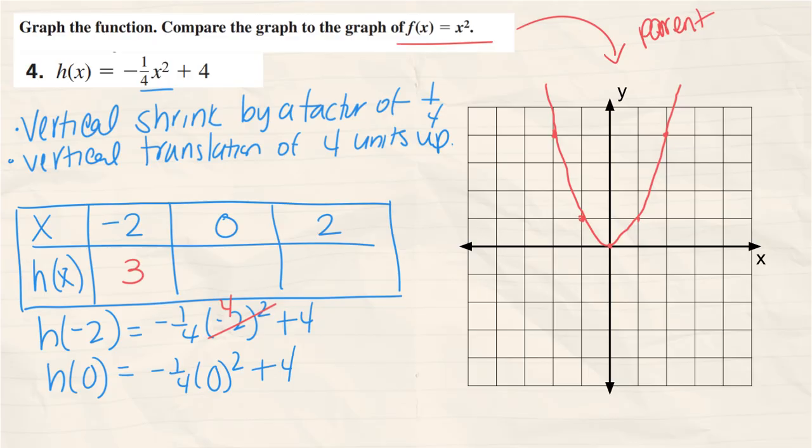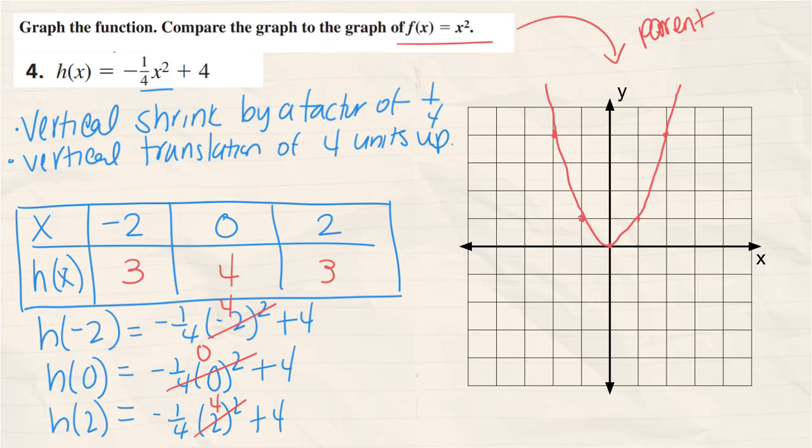I know that this is going to be completely 0. 0 plus 4 gives me 4. If I have now positive 2, I'm going to have negative 1/4, 2 squared plus 4. Here I have 4, and 4 times negative 1/4, I get negative 1. And negative 1 plus 4 gives me 3.